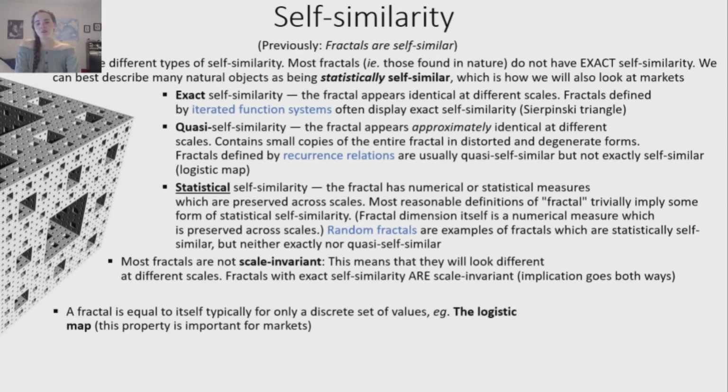And this is an important property. A fractal is equal to itself typically for only a discrete set of values, for example, the logistic map. The property is important for markets because when we look at the actual data later on, for market returns using indexes like the Dow, we'll see that for certain values these markets show self-similarity, and then they quickly stop showing self-similarity, which is pretty interesting.